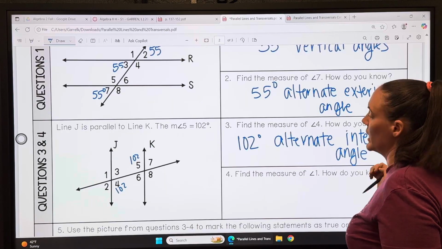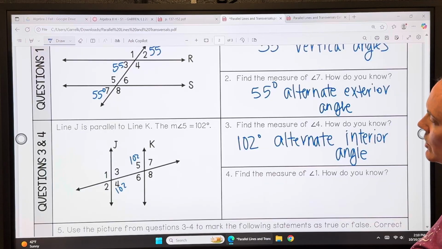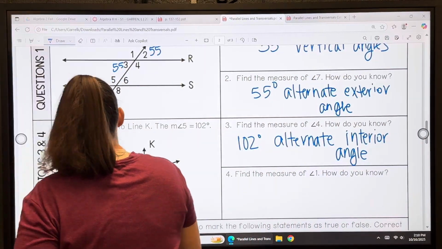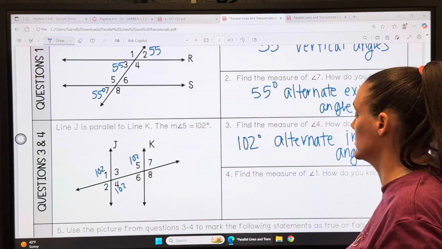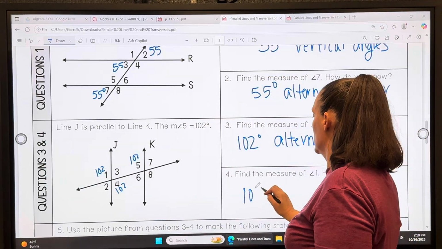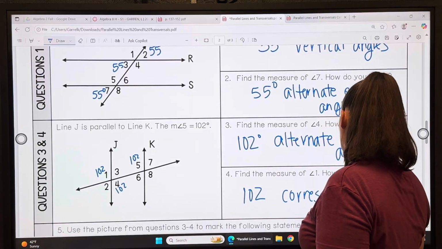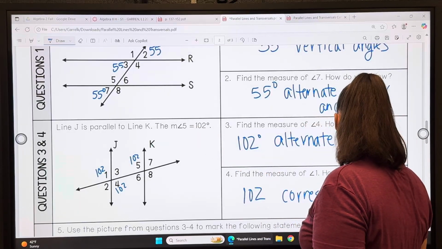They're between the two lines on opposite sides of the transversal. So angle 1 is one of two things. It's either a corresponding angle to 5 or it's a vertical angle to 4. You could say either one. But I'm going to go with corresponding because we started with angle 5.